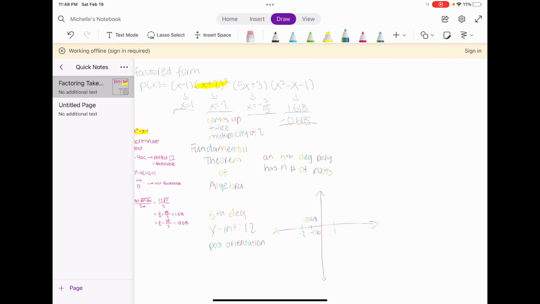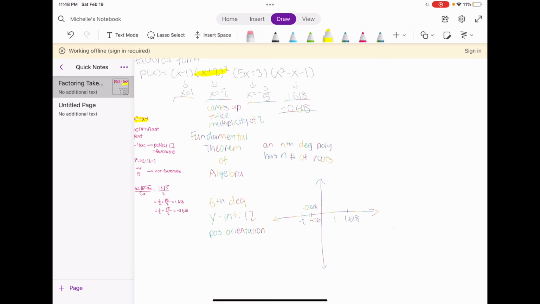I know none of the scaling is accurate, but we're just not going to worry about that. So x equals 1, x equals -2, x equals -0.6, -0.618. Okay, and then we have 1.618. We know that the graph ends up going upwards towards positive infinity because it has a positive orientation. So I'm just going to draw that part first.